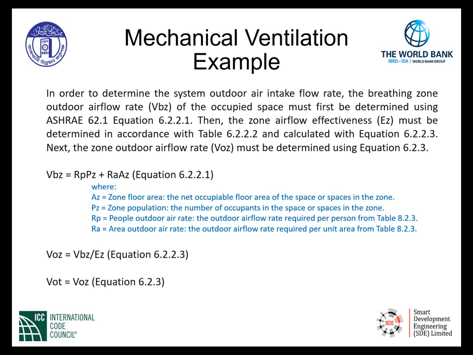Keep in mind, there are other ways to calculate mechanical ventilation for multi-zone systems. ASHRAE 62.1 has other calculation methods for multi-zone systems as well. Our example will focus on only a single zone system.